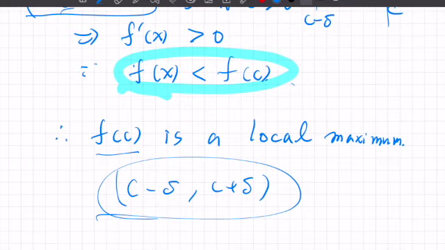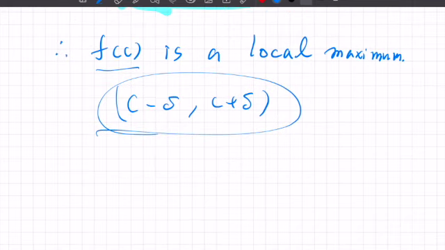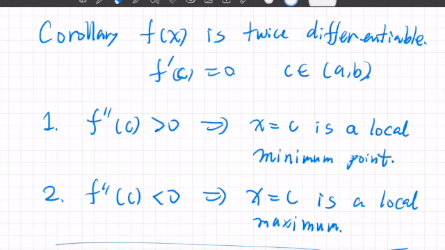So that was the definition of a local maximum. So that was to be proved. And similar for local minimum. So let's prove only part 1. Part 2 is very similar, so I will leave it as an exercise.